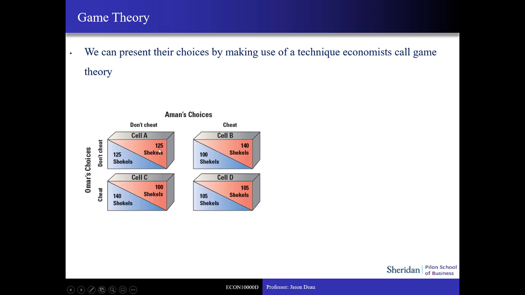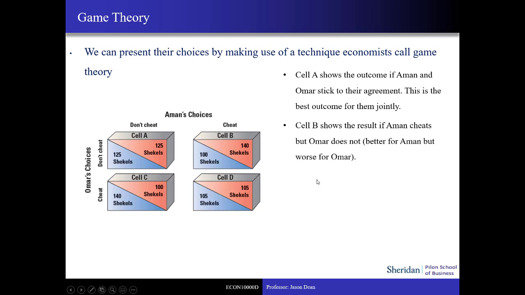But if, say, Amon cheats but Omar doesn't, Amon will make out well. Amon's payoff is in the red triangle here, so that would be 140, and Omar's payoff is 100. So if Amon cheats and Omar doesn't, you'll end up here.